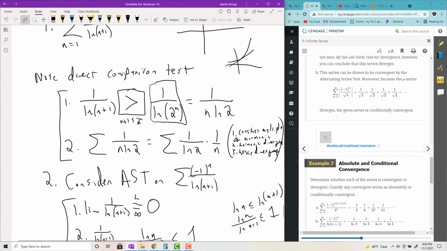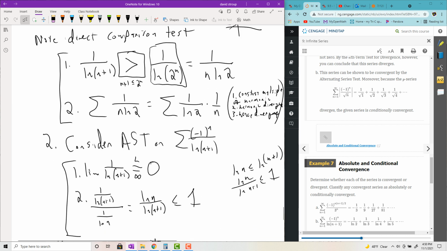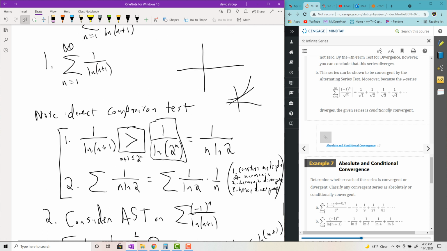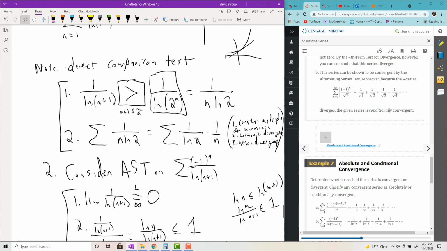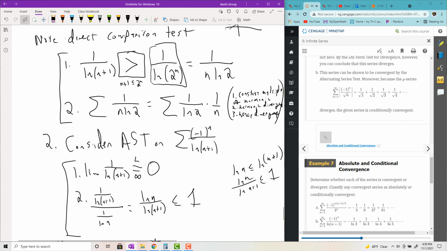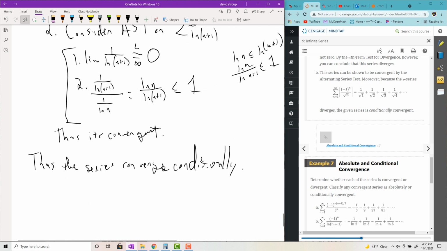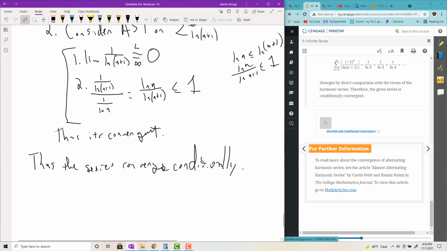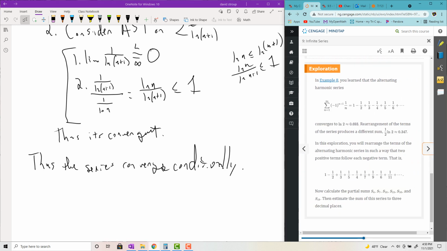And of course, the series of those terms is just a constant multiple of the harmonic series. The harmonic series diverges, therefore that thing diverges. So the first part of the test came up divergent, and then we found the original series was convergent, so therefore it's conditionally convergent. Okay, so that's the idea.